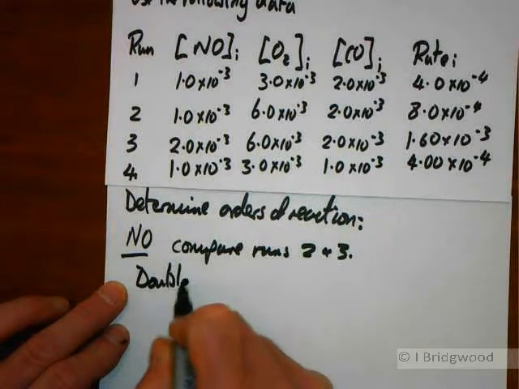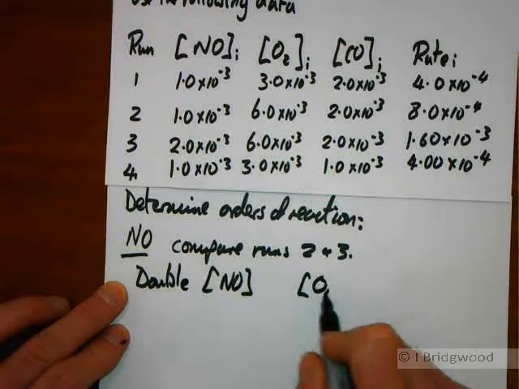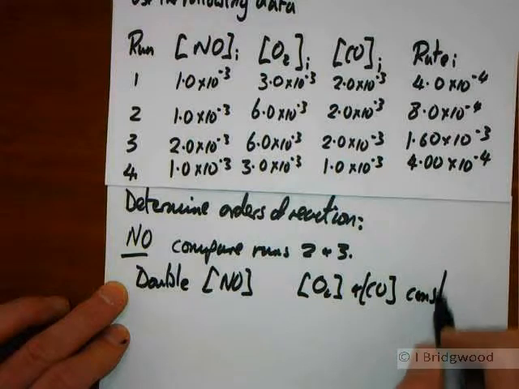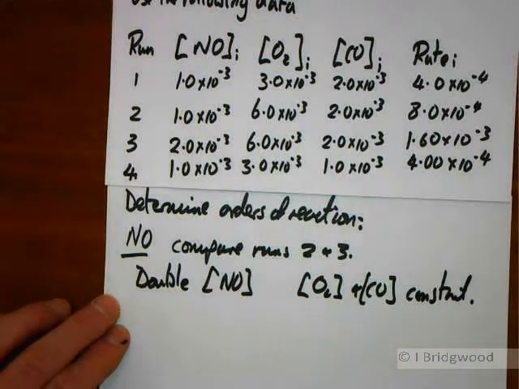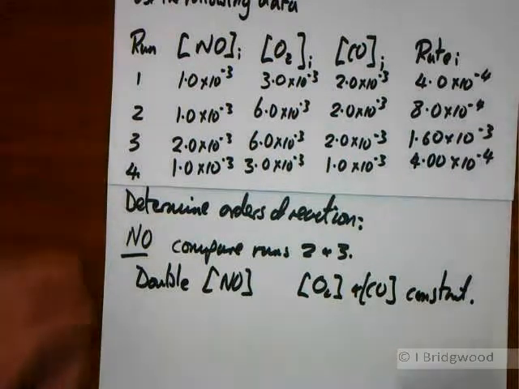We double the concentration of NO and the concentration of O2 and CO are constant for this. And you will notice that the rate of reaction doubles.